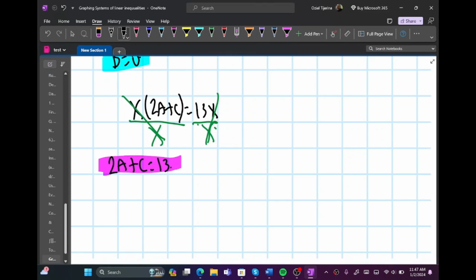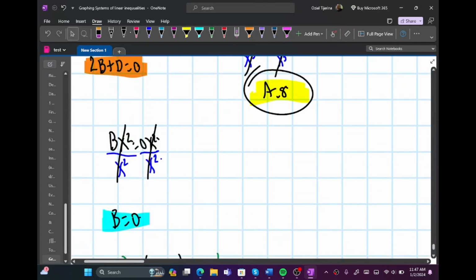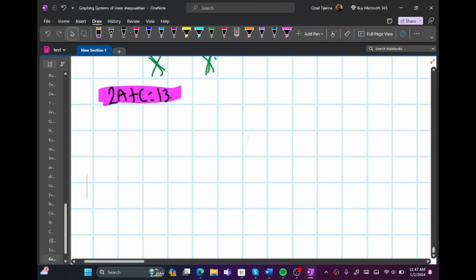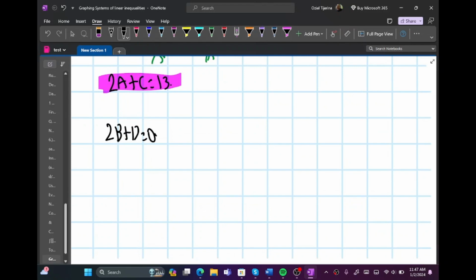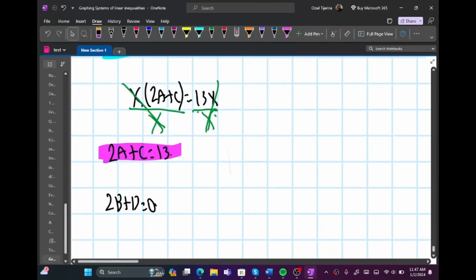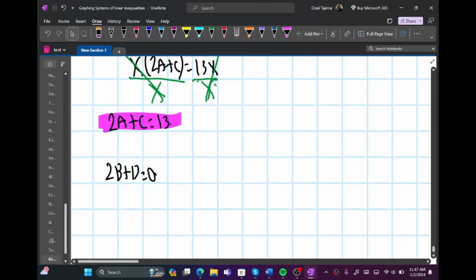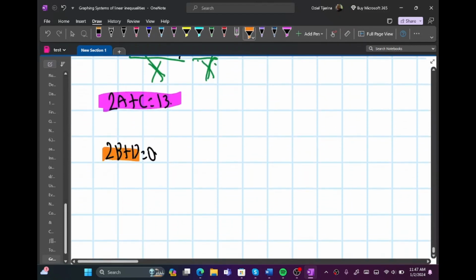And then finally, the last one, we just have 2b plus d equals 0. So that's already in terms of an equation. We don't really have to get rid of any x's there. So we can just put that as the last equation here.